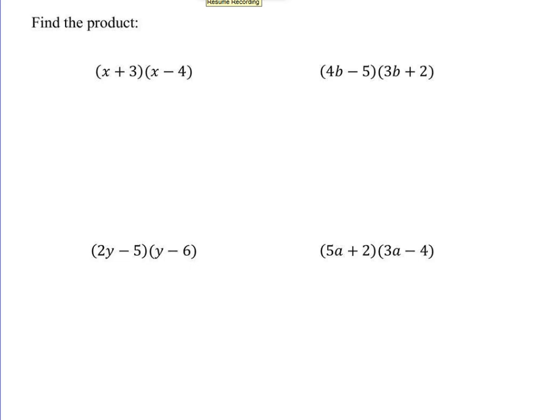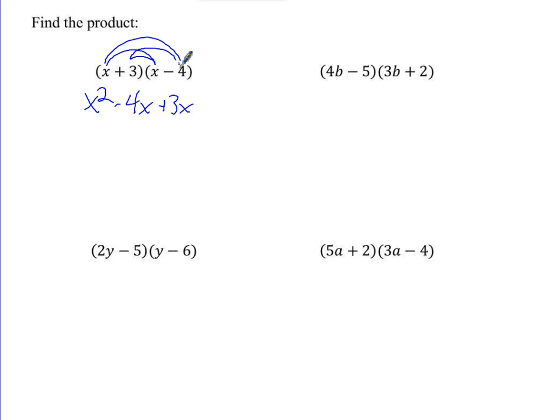So let's do that first practice problem here. What do we get? The F is the first term times the first term, which gives us x squared. The O is negative 4x. The I is plus 3x.